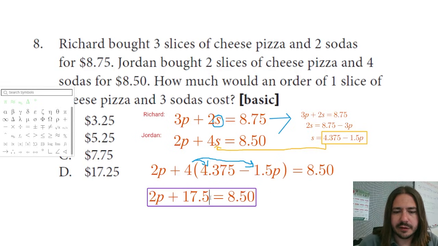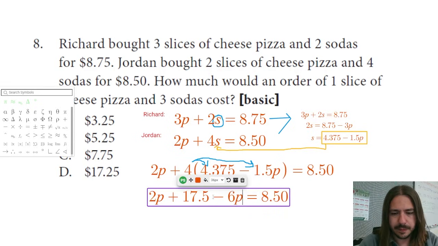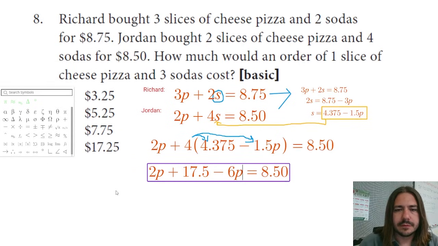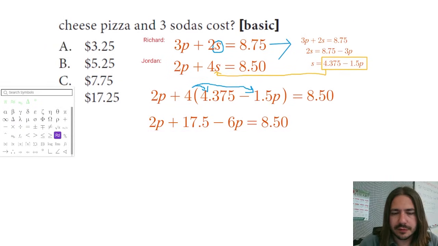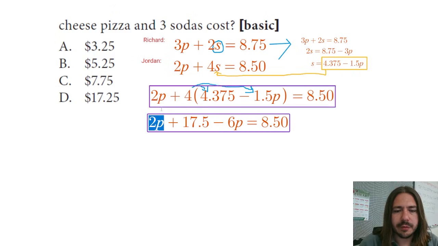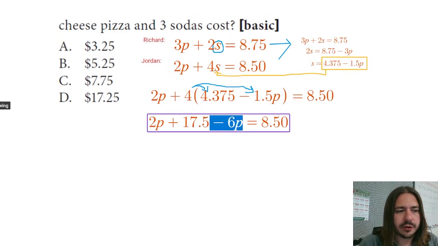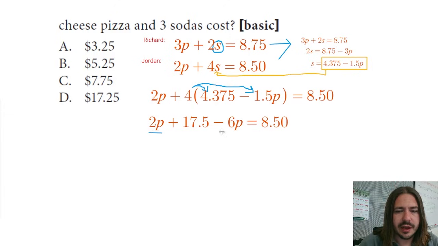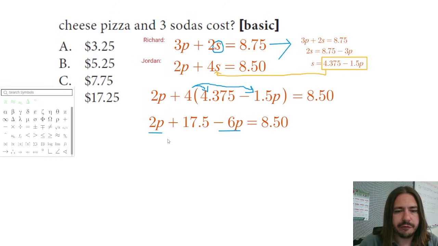So that'd be minus 6p. Okay, so now that we've used the distributive property, we're going to combine our like terms. Means we're going to combine 2p and negative 6p, get negative 4p.